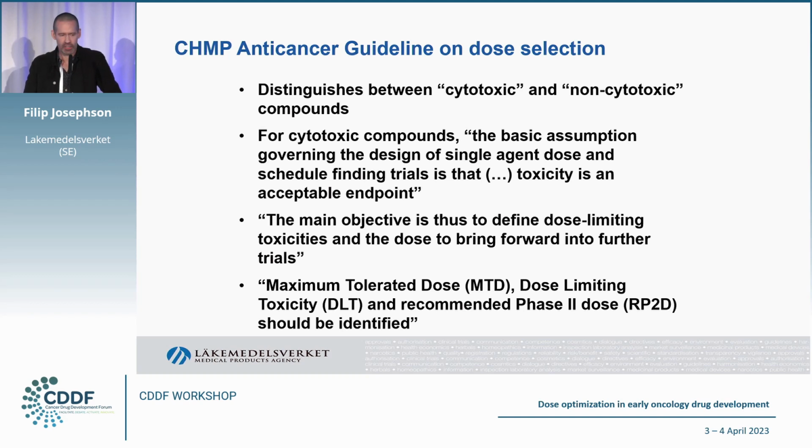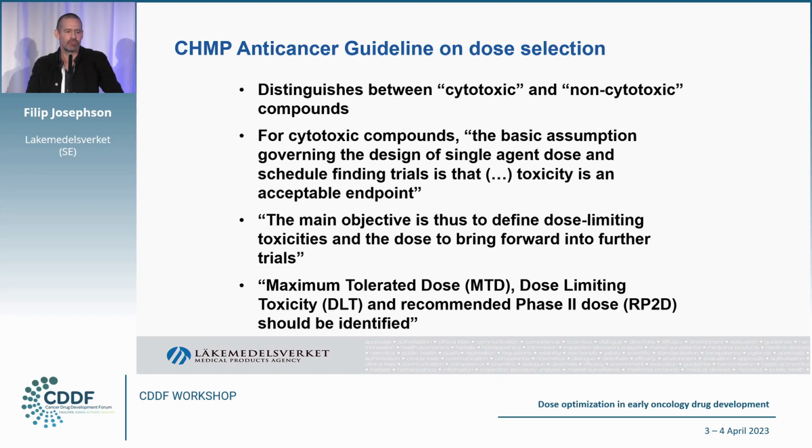And there's a guidance document from the CHMP, the anti-cancer guideline, which describes this to some extent, the European regulatory thinking about this. This distinguishes between cytotoxic and non-cytotoxic compounds. For cytotoxic compounds, the basic assumption governing the design of single-agent dose and schedule finding trials is that toxicity is an acceptable endpoint.